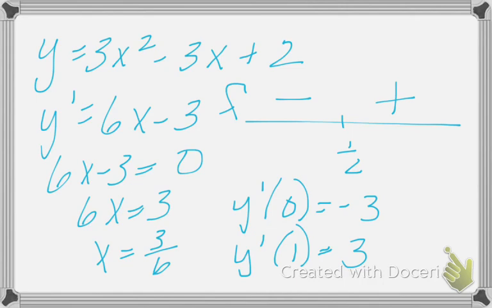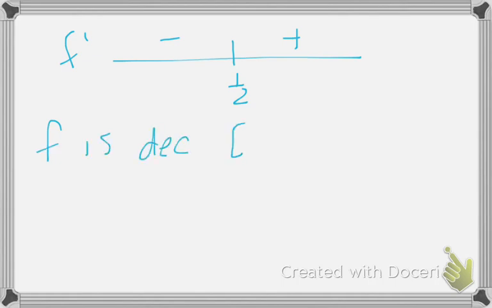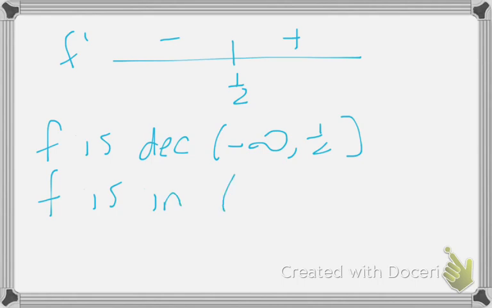I'm just going to go to a new screen. Okay, I'm just going to look at the wiggle graph. Okay, so we have this and this. Alright, so this is just review really. So we can see that f is decreasing from -infinity to 1/2, and f is increasing from 1/2 to infinity.